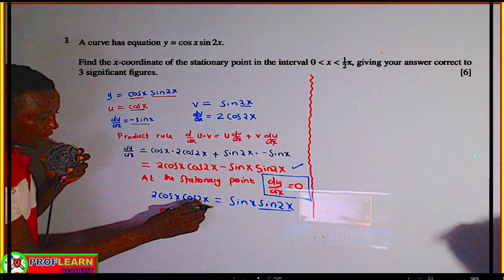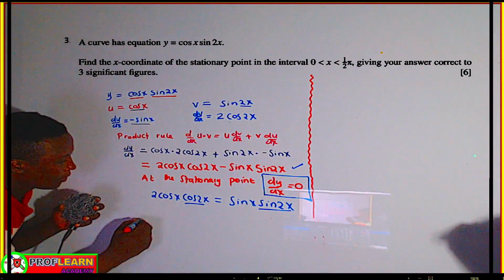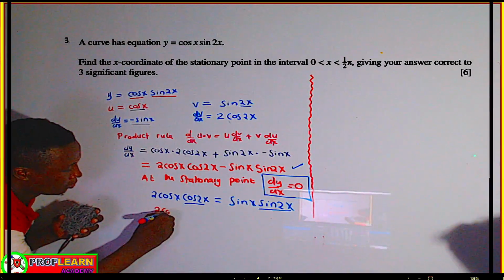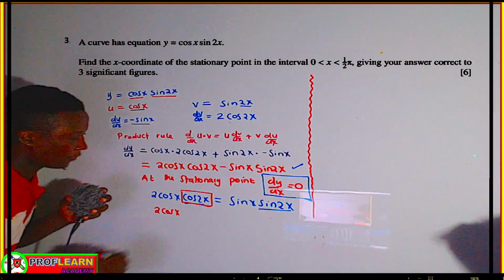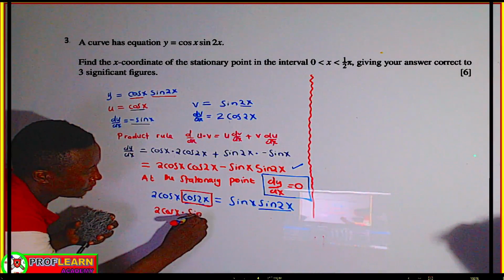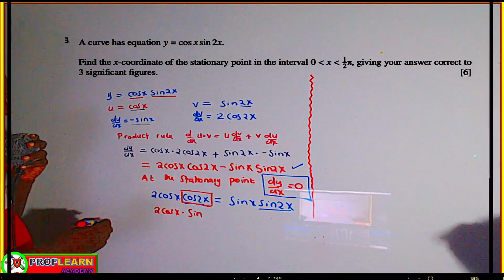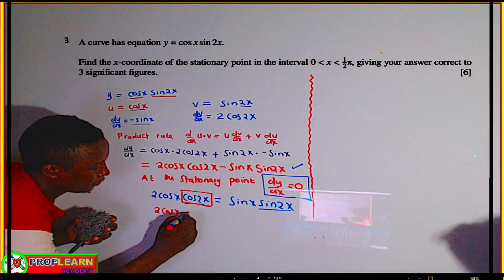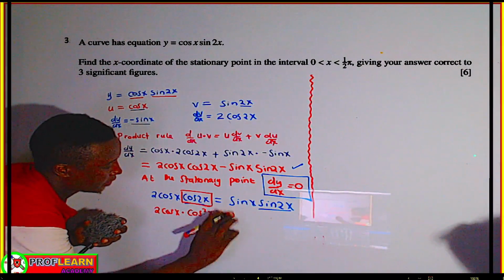But remember, cos 2x can be written in terms of cos squared x minus sin squared x.